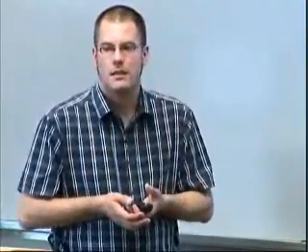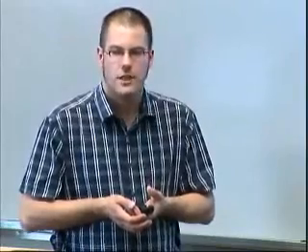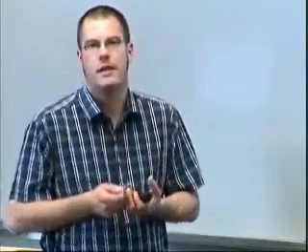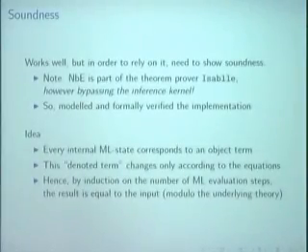So, as I said, we model what we did. We model a part of ML, the pure functional part, so we're not dealing with any assignments or similar. And then we take our representation of the internal state of this ML evaluation mechanism, and for every such internal ML state, we assign a term.